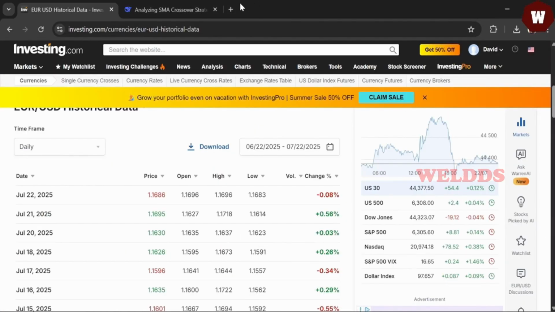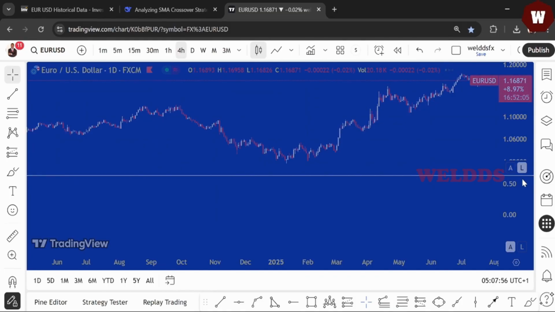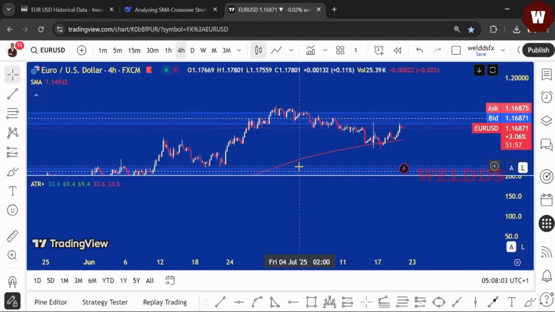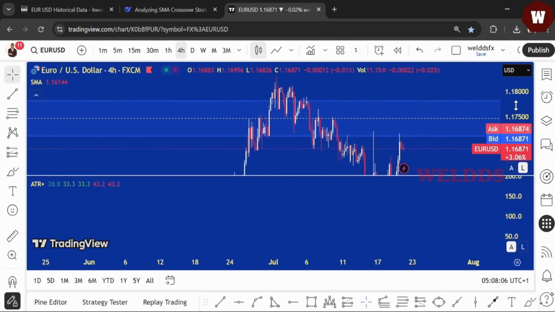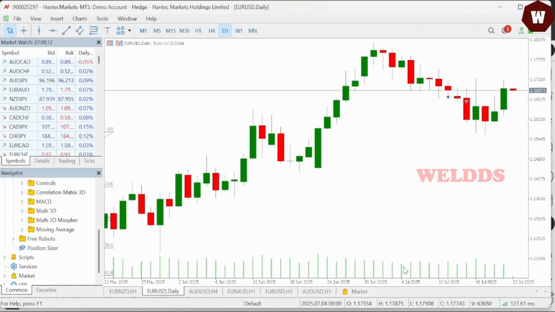Go to tradingview.com, search for that particular currency pair, for example on the 4-hour time frame, look at the 4-hour candles on TradingView and compare up to maybe 10 or 15 candles with your broker. If the candlesticks look similar, it most likely means that your broker has very accurate data. Once you have sorted that out, you download the data the way I have shown you.